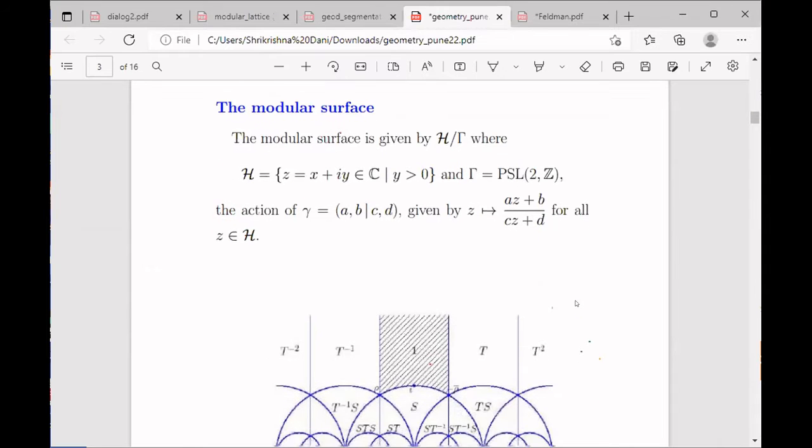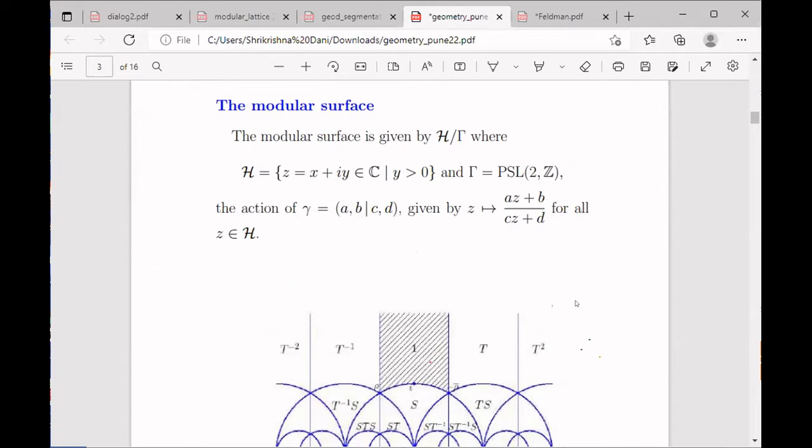Okay, a quick recap of what we're talking about. The modular surface, as we all recognize, is the quotient of the upper half plane, the x plus iy where y is positive, by this group, SL(2,Z), a very familiar one.